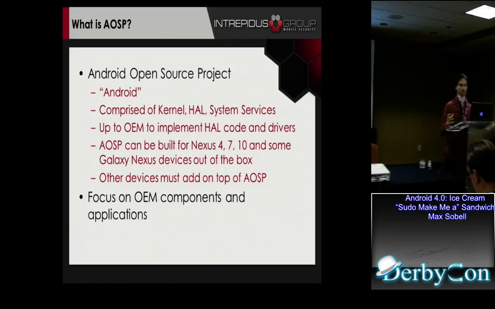The Android open source project can really only be built, like cloned, built, and pushed for the Nexus devices, Nexus 4, 7, 10, and some of the Galaxy Nexus devices. So if you try to build it for like your Samsung Galaxy S3, you're going to be missing a ton of stuff. A lot of drivers and hardware code. We're not going to be focusing on the Android open source project, just to be really clear. We're going to be focusing on the OEM components.